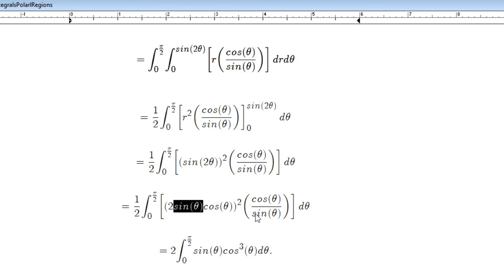The sine squared theta cancels with the sine of theta in the denominator and becomes sine theta. And the cosine squared theta found in this factor gets multiplied by the cosine theta found in the numerator of this factor and becomes cosine cubed theta d theta.